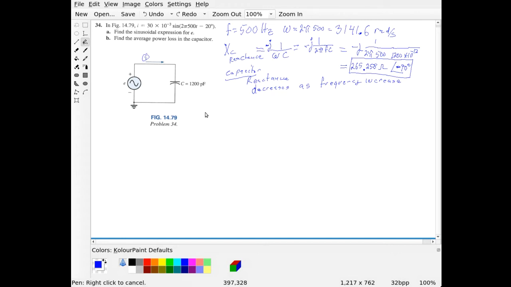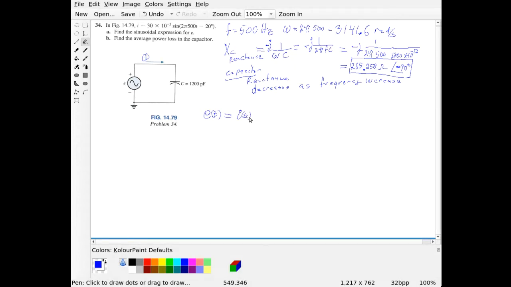So the voltage E, and again, I really prefer to go ahead and put E of t there. So the voltage E is I of t.